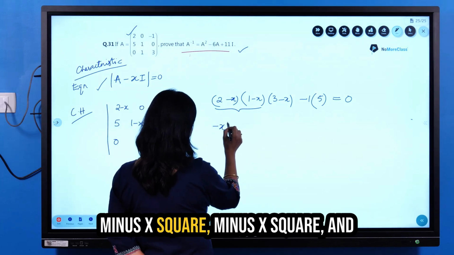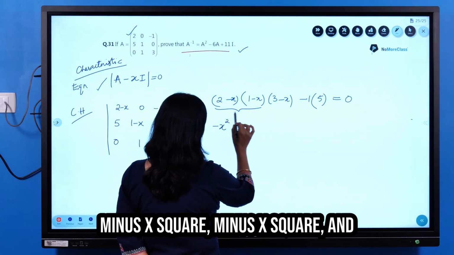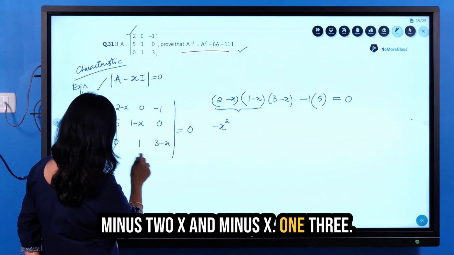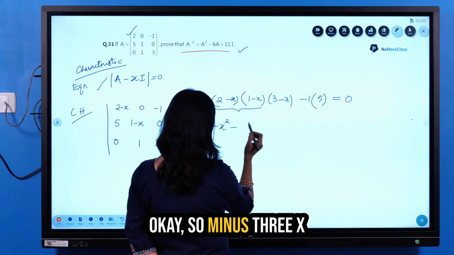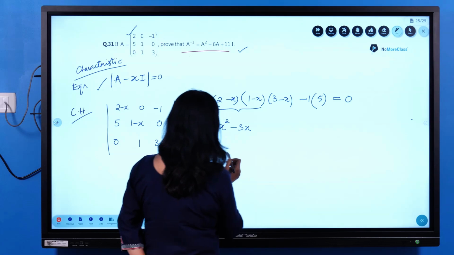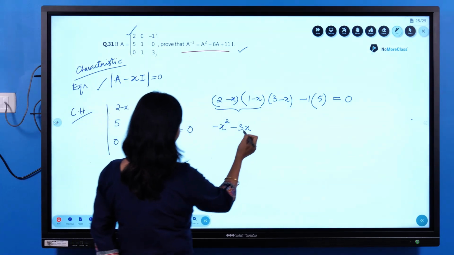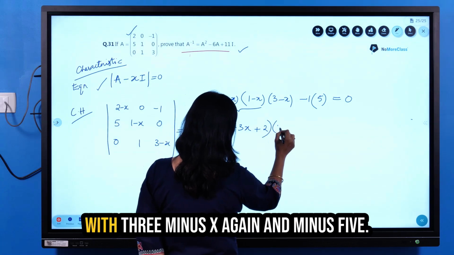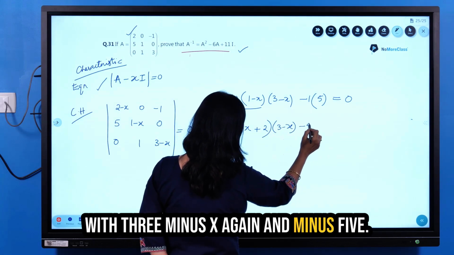Minus x square, and minus 2x and minus x, so minus 3x and plus 2. And this is multiplied with 3 minus x again, and minus 5.